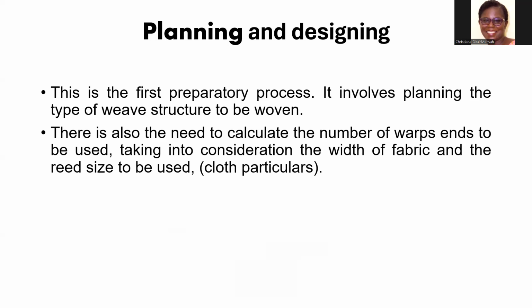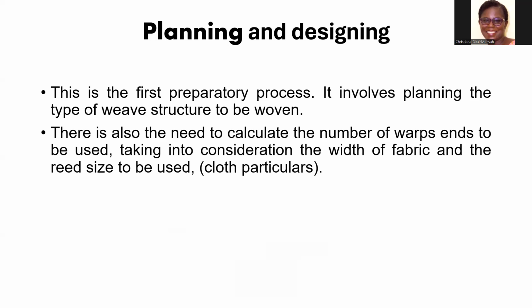So how many yards am I going to weave? You need to plan it. And if I'm going to weave 1 yard, how many yarns am I going to use? That will give me the 1 yard. So if it is 36, that is the width. The width is the 36. So the width 36, how many yarns will go into the 36?